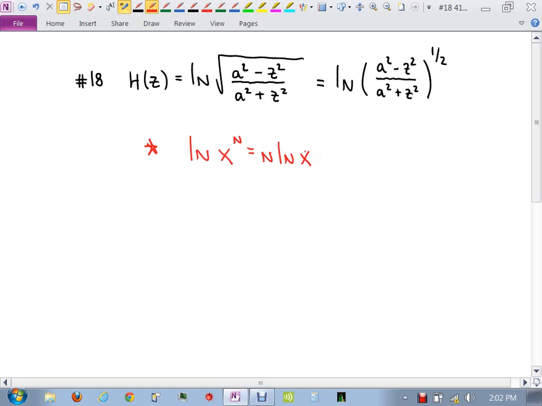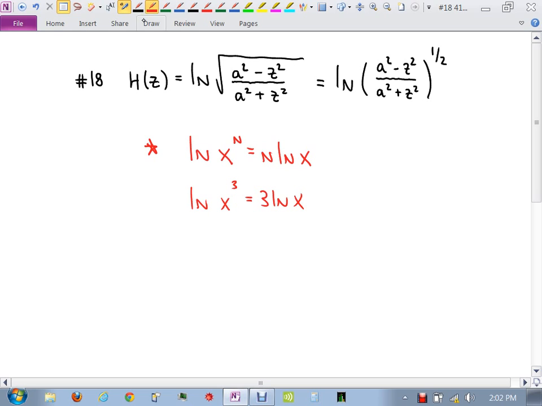That's something that in college algebra, hopefully you saw, that if you ever had natural log of something to a power, that power could come out in front. Do y'all remember that? A very nice property of logs. So as an example, natural log of x cubed is the same as 3 natural log x. So for us, the natural log of all that junk to the 1/2, what can I do with that 1/2?